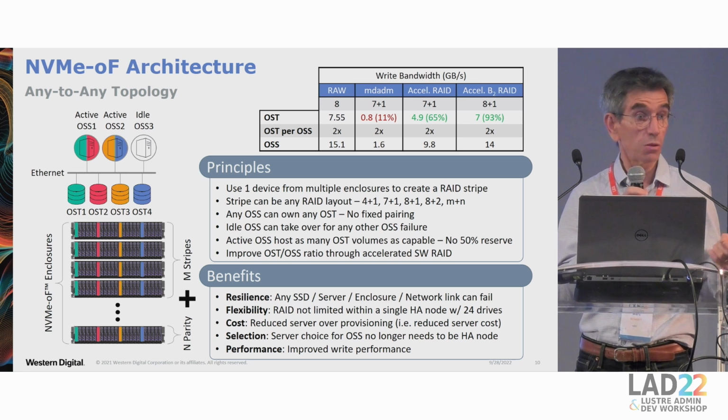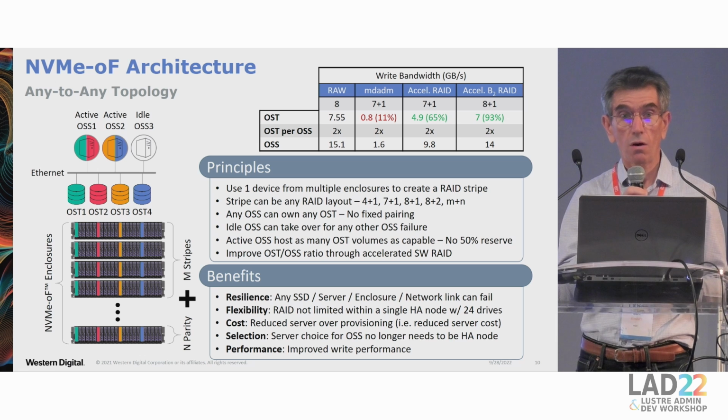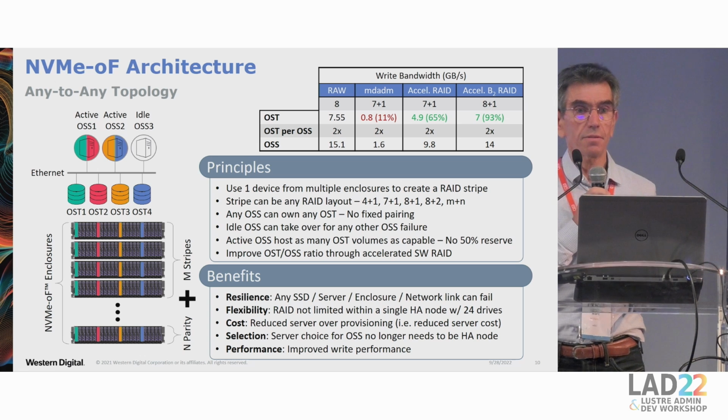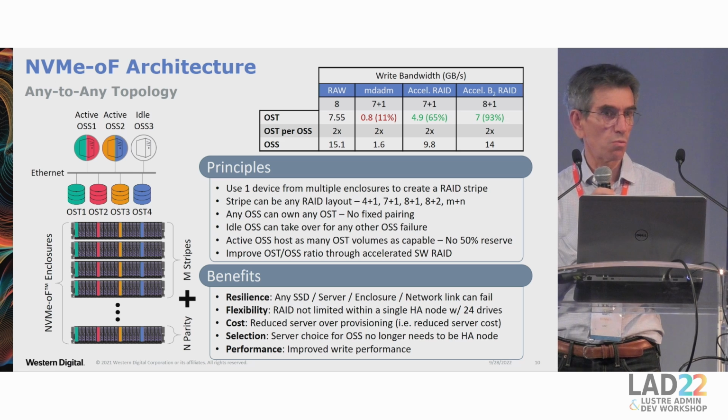In the POC we did, we selected all the same server to assign different roles. And the write performance is improved with the hardware accelerated solution, but also because we have the flexibility to do a RAID layout which will maximize the performance.